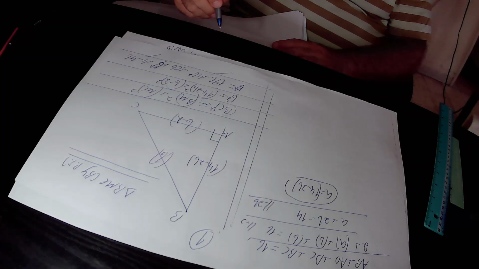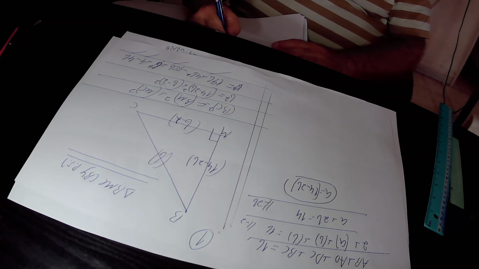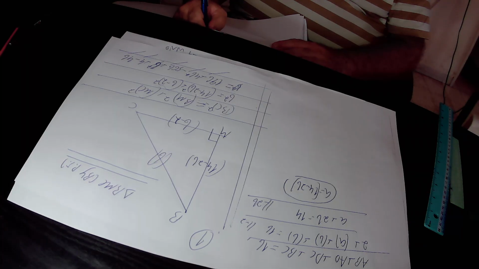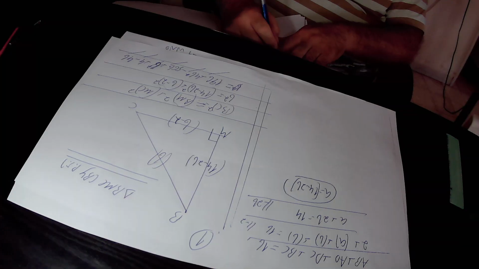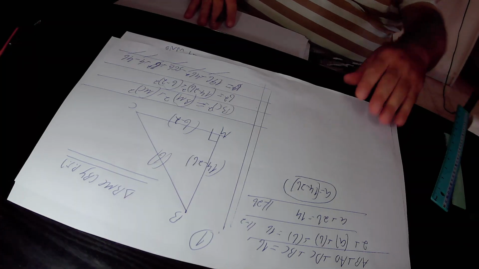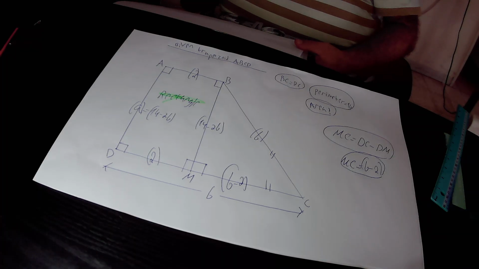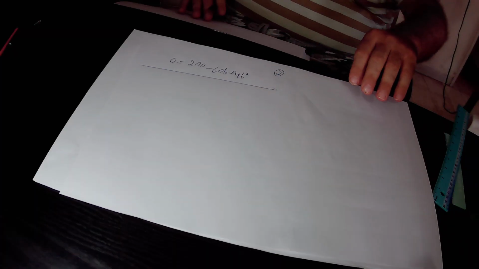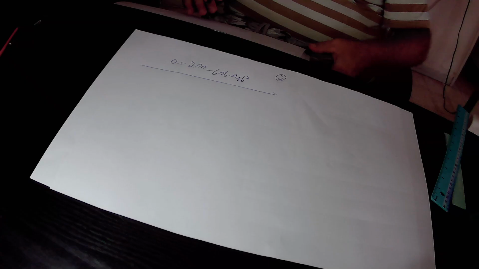And we also have minus 56B minus 4B, that is minus 60B. And we also have plus 4B squared. So in total, we shall find that zero equals 200 minus 60B plus 4B squared.